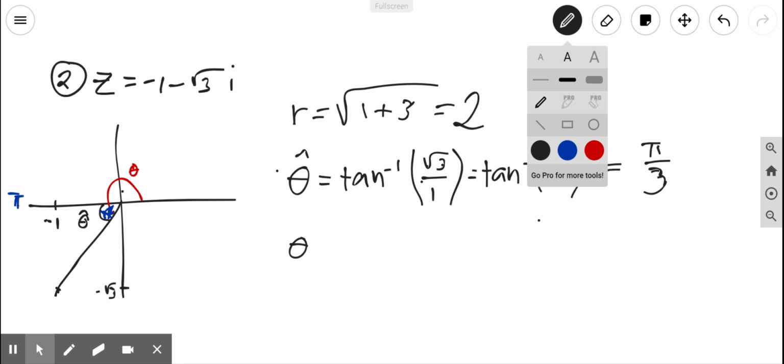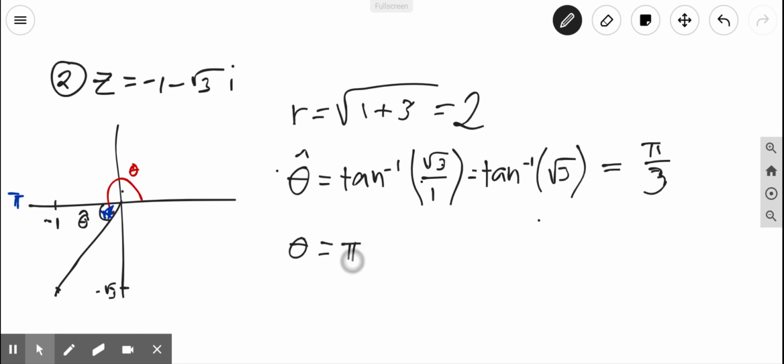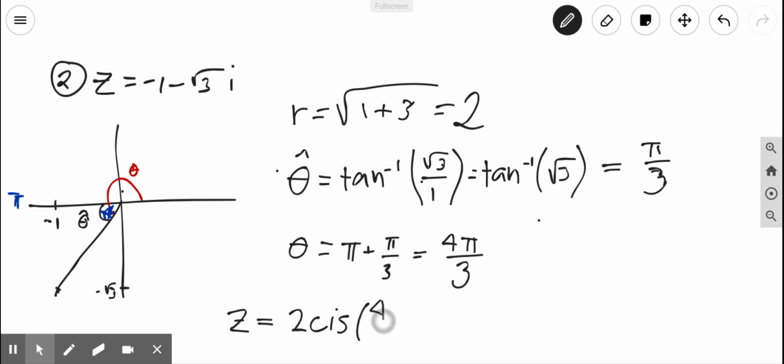So that's going to be our angle. So pi plus pi over 3, which should be 4 pi over 3, I believe. All right, now all the work is done. So your number in polar form should be 2 cis of 4 pi over 3.